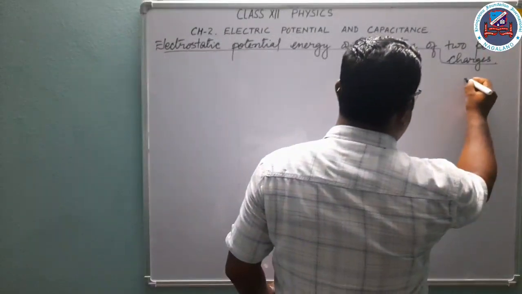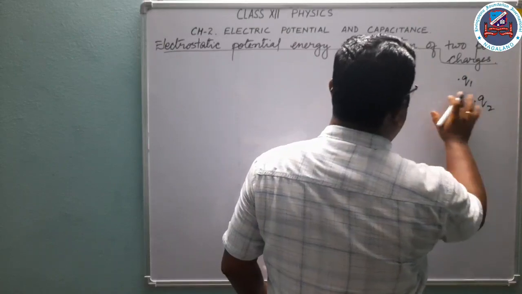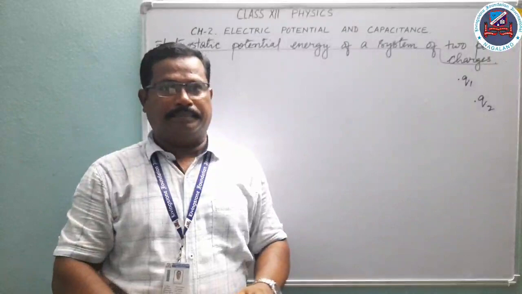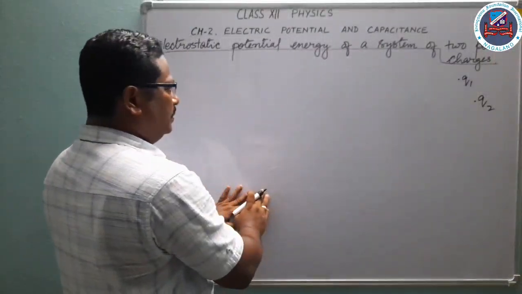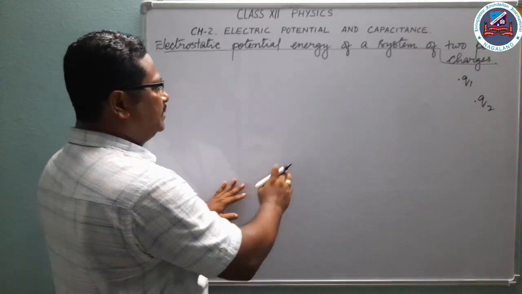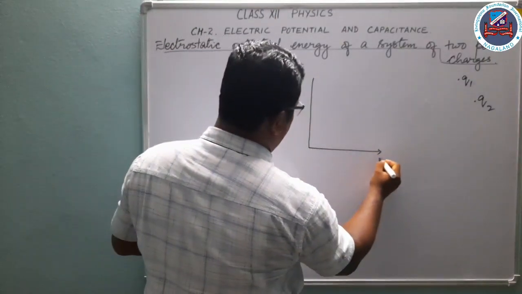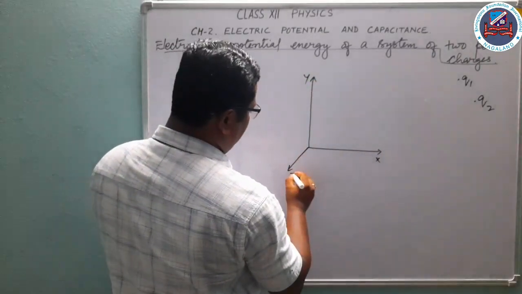Suppose there are 2-point charges Q1 and Q2. They are at infinity. In this case, you will have to build a system. Now, while building a system, you can just build it here itself. But for convenience, let us take a coordinate system like this: suppose this is x-axis, this is y-axis, and this is z-axis.